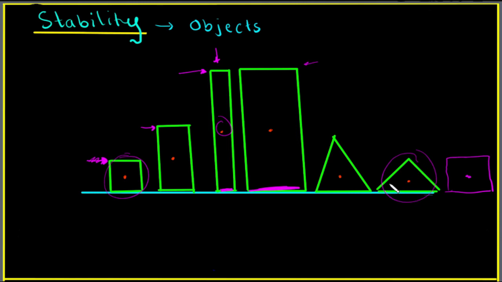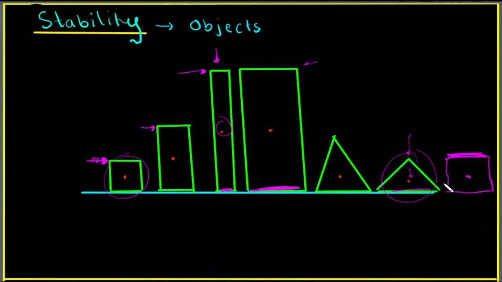If the base area is large and the area at the top is not as much, it only has a small point at the top, but this has a whole surface at the top. So if the ratio of the base area to the top area is greater for an object, it is going to be more stable, because it is going to tend to lower the center of mass even more.